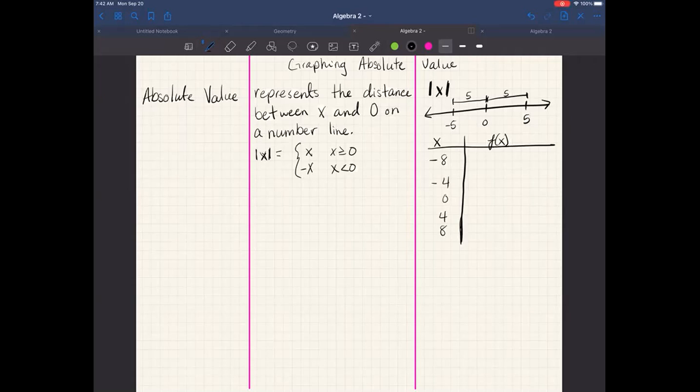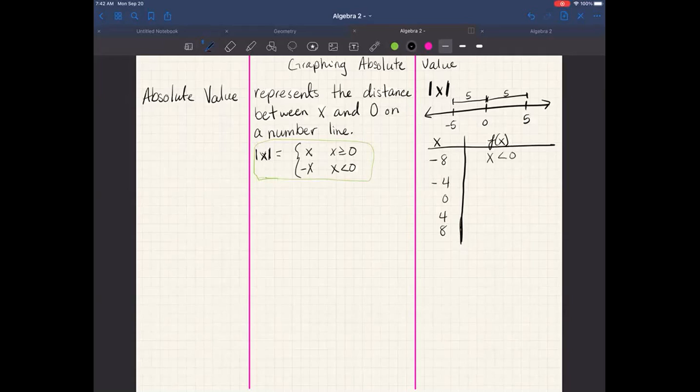So using this piecewise, which equation does -8 use? The negative x? Yeah, so it would be the x is less than 0.